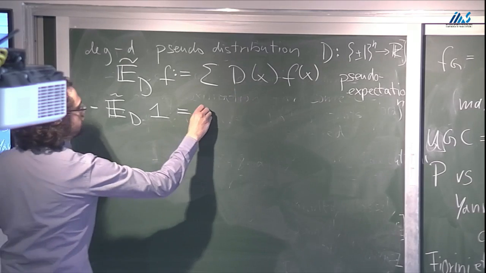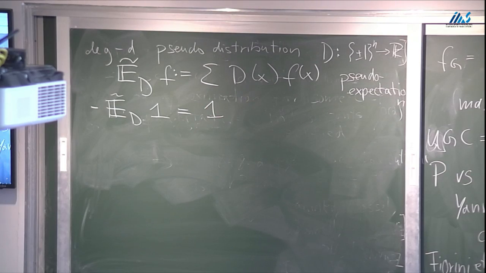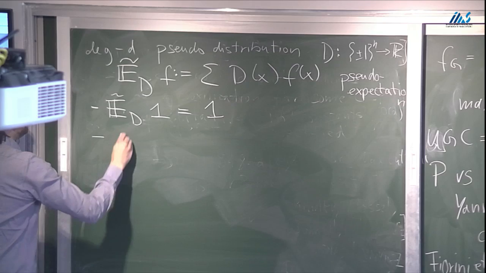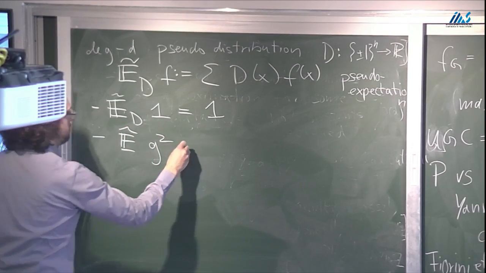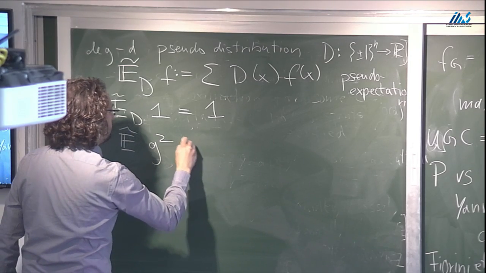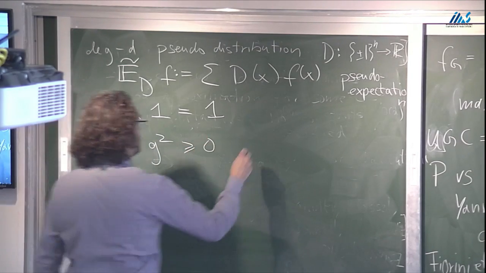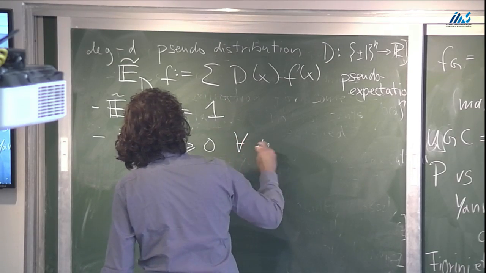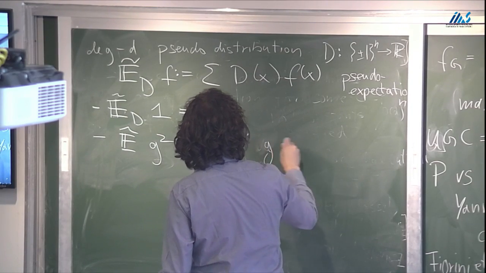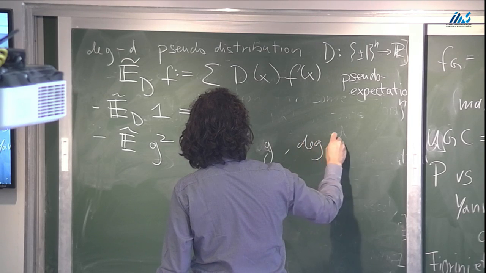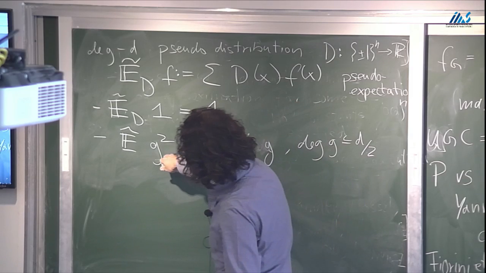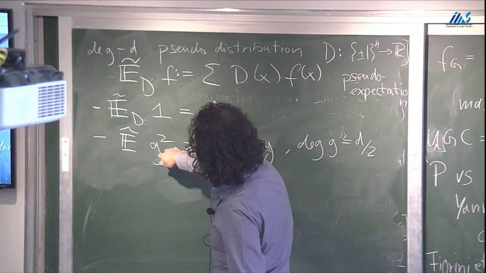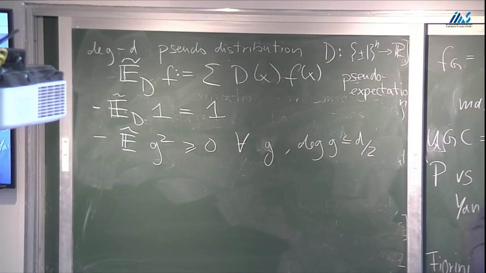The pseudo-expectation of the constant 1 function should be 1, and for every function g of degree at most d over 2, its square should have non-negative pseudo-expectation.